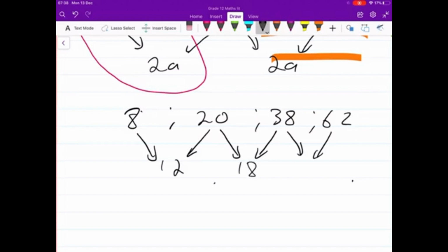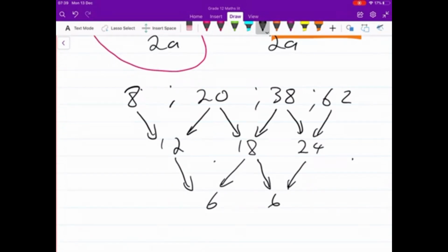And 62 minus 38 is 24. Really simple. 18 minus 12 is 6, and if I did everything correctly, 24 minus 18 should also be 6. Okay, so you're done. Then you want to focus on this part.